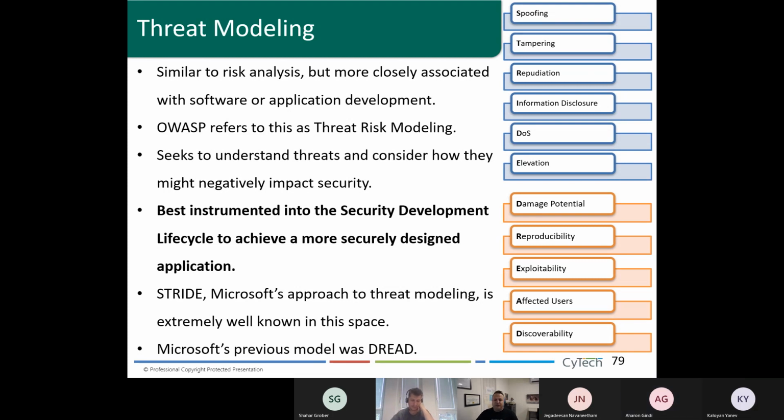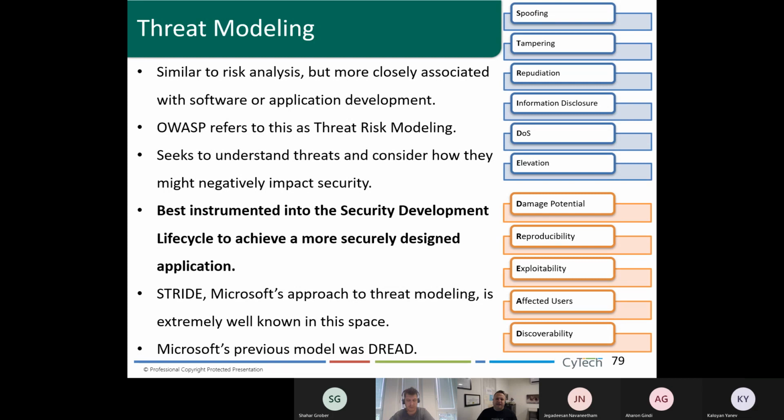First one is threat modeling. If you want to fully understand what threat modeling is, it's basically acting or playing the hacker, playing the bad things that can come and attack us, use or exploit our vulnerabilities.